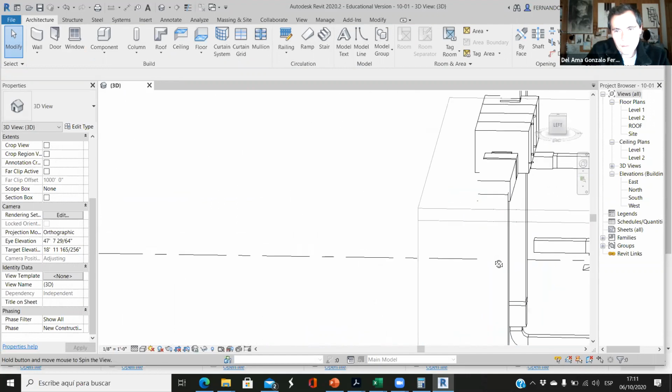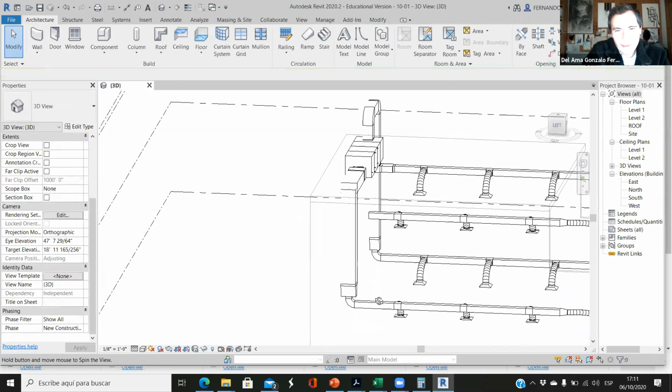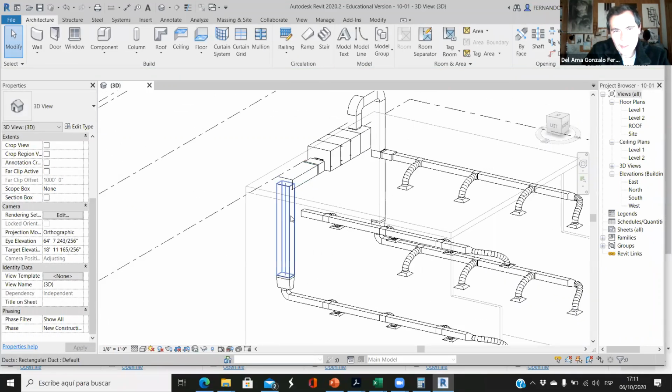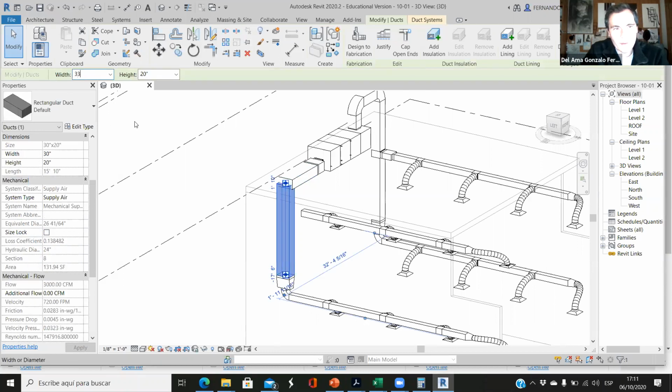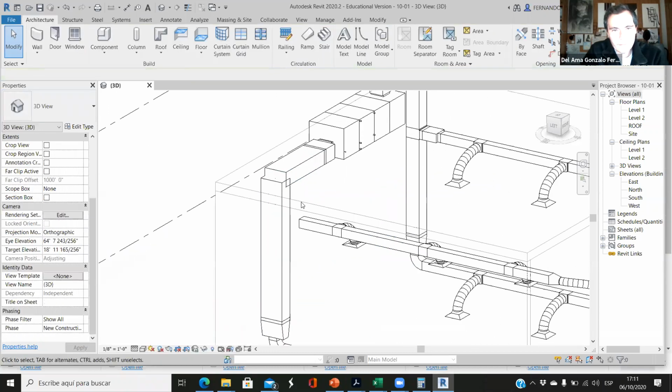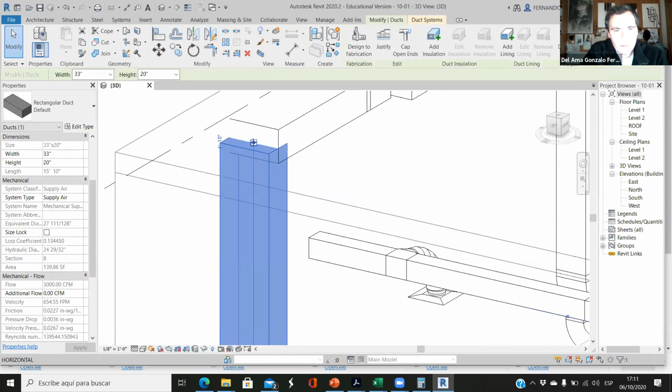Oh, look at this. This is 33, because this is 33 by 20. Yeah, it's very unlikely that I can connect something 33 by 20 and this 30 by 20. So let's change this to 33. And now let's try to do it again.